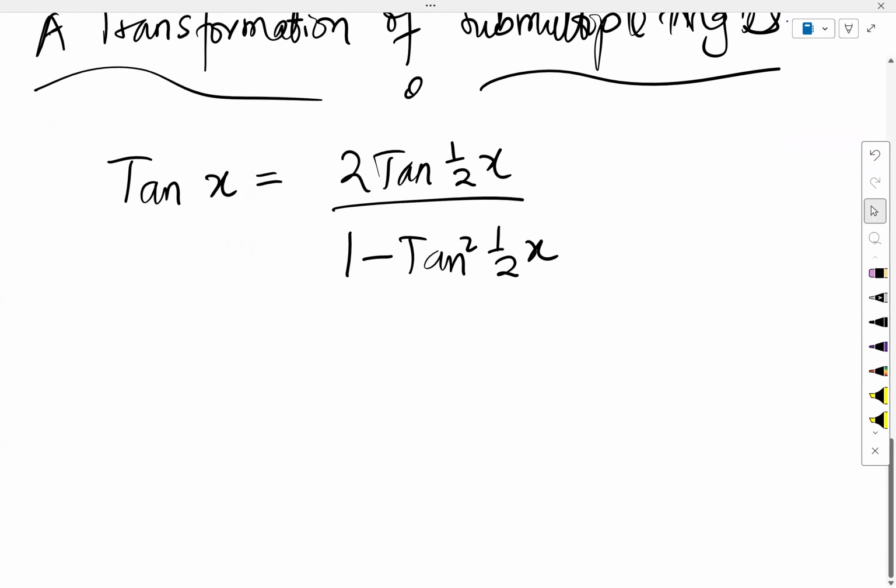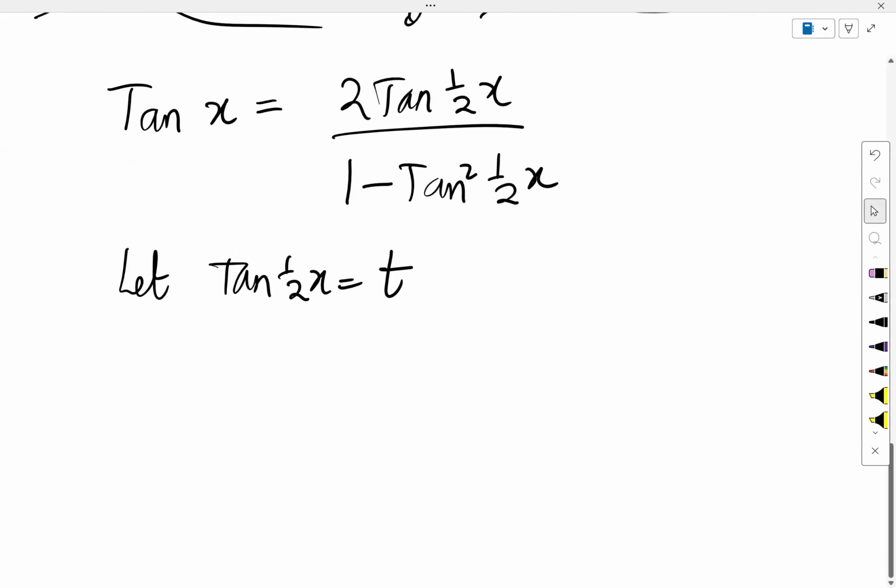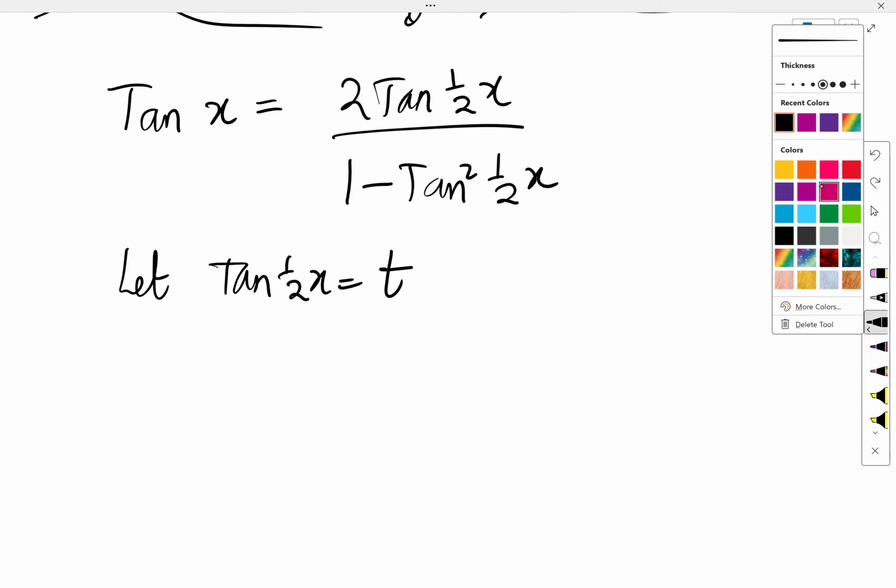What if we let tan half X be equal to t, what is that going to be? That is going to simply mean that tan x will be 2. So anywhere you see that, right? Okay, I guess I want to color code here to emphasize what I'm about to do. Okay, let me even change.